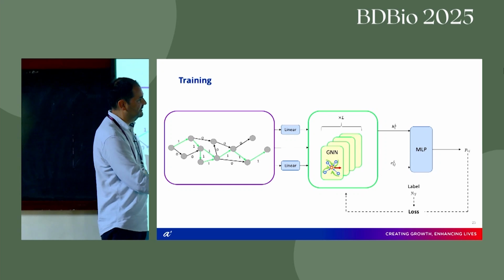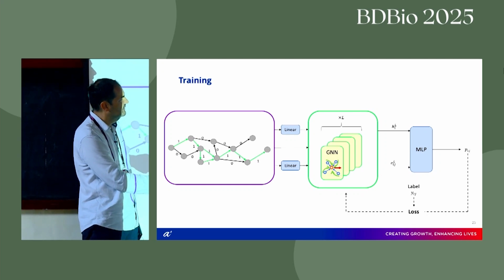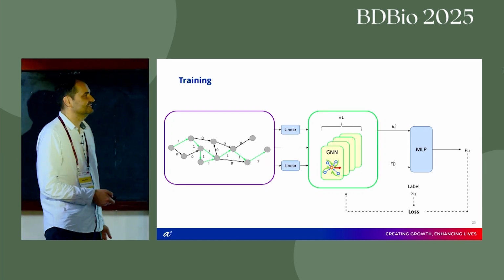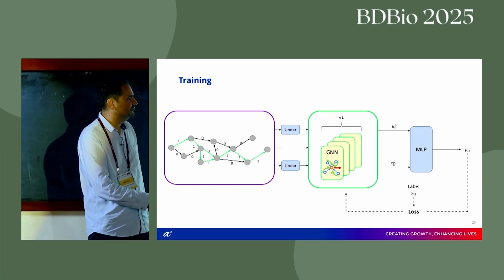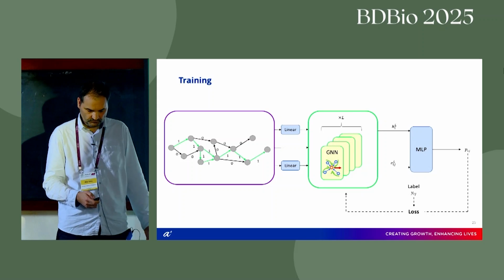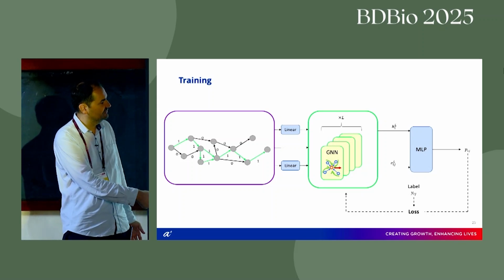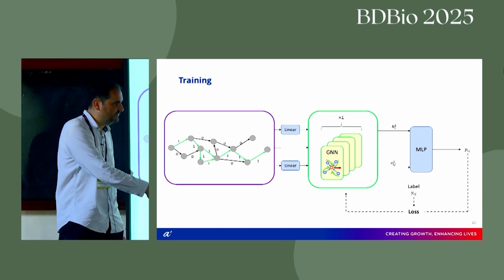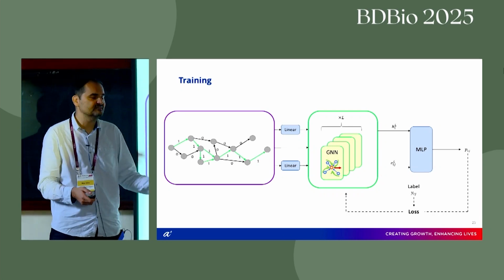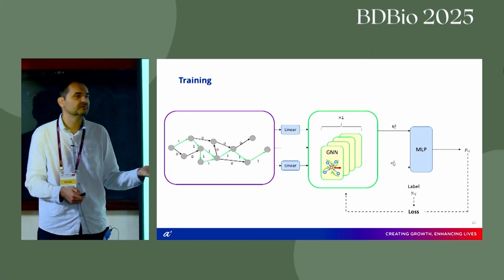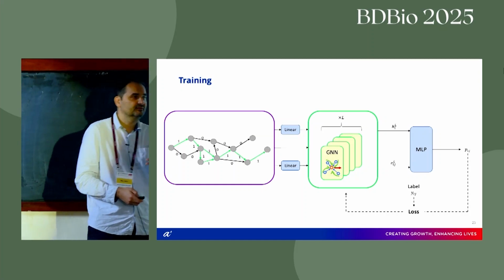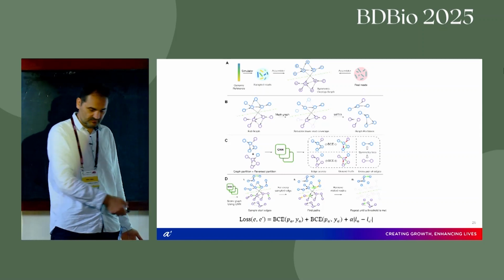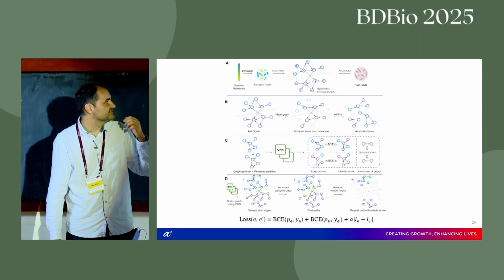And then we use the graph neural networks and just a last fully connected layer to try to predict the value of the edge, whether it is valid or not, and we use just a simple binary cross entropy loss, so it is correct or not correct. So here you can see the whole idea as presented in the paper.